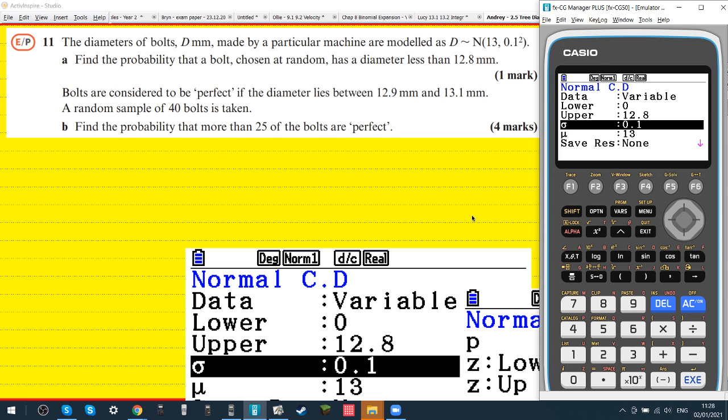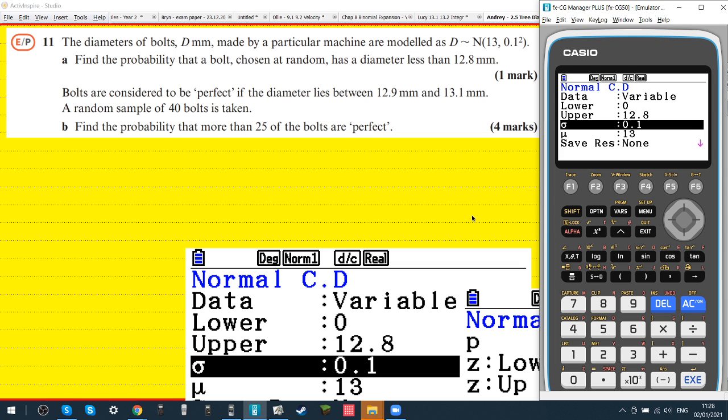So what are the other two things outside of lower and upper? Does it say num trial? What is num trials? Number of trials. 40. Yep.